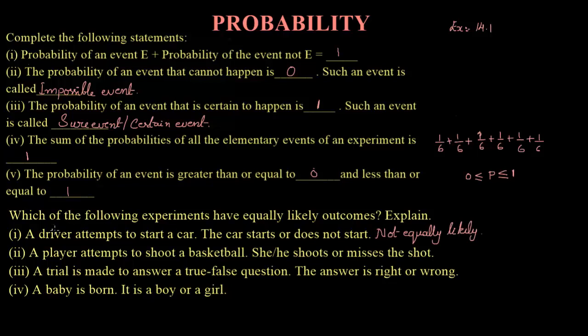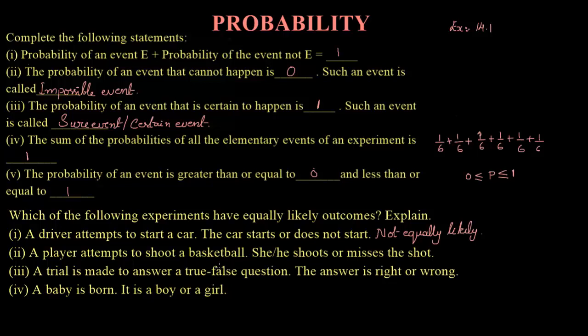Then the next question. A player attempts to shoot a basketball. He or she shoots or misses the shot, right? So here we need to find the probability of the player shooting the ball in the basketball. Here also it depends on the player's capacity, right?